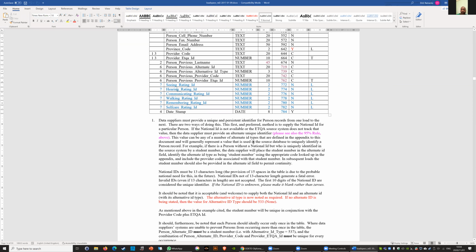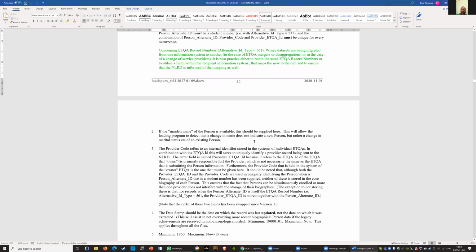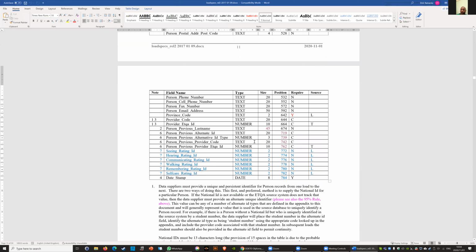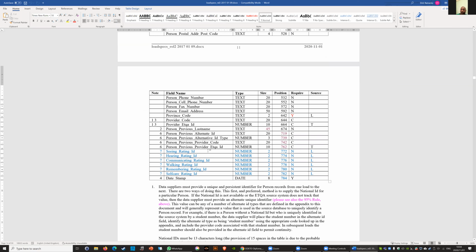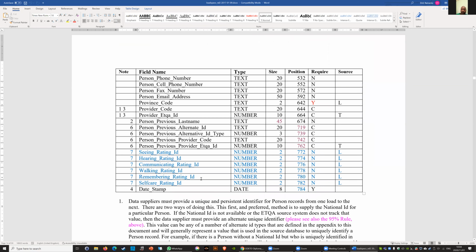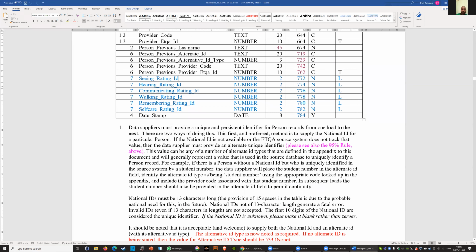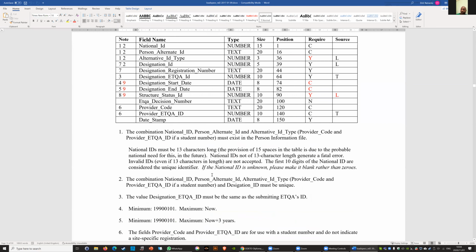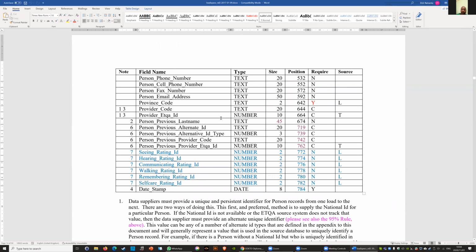Now they replaced that with seeing, hearing, communicating, walking, remembering, and self-care. So this form only talks about what must be in the information, right?